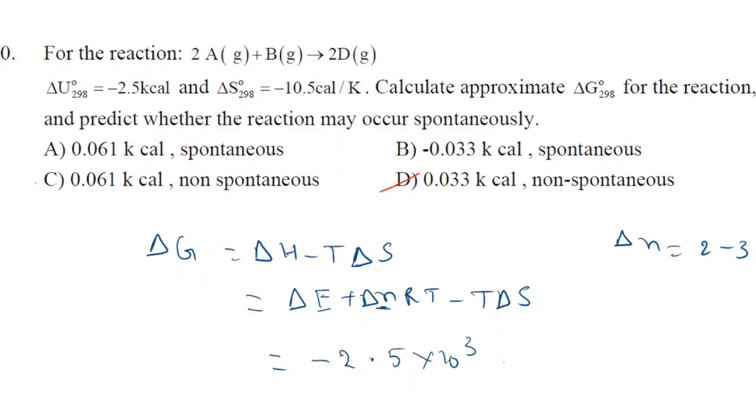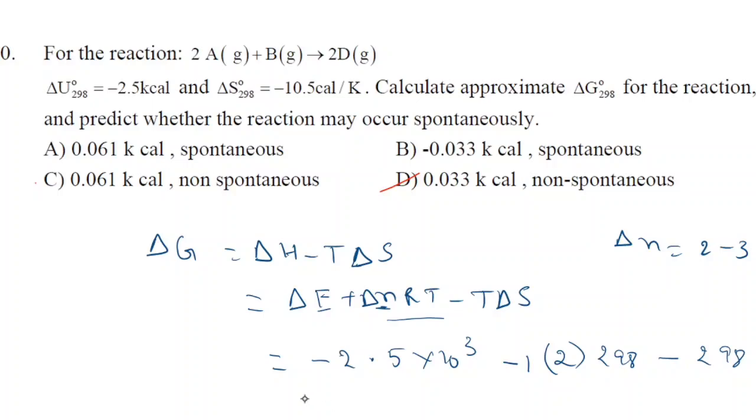And here minus 1 into R, which is nothing but 2 calories, and then T is nothing but 298 Kelvin, and then after substituting all these three terms, minus T into, that means 298 into delta S if we consider, that is nothing but -10.5.